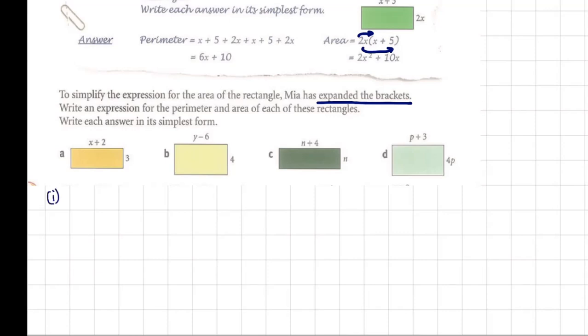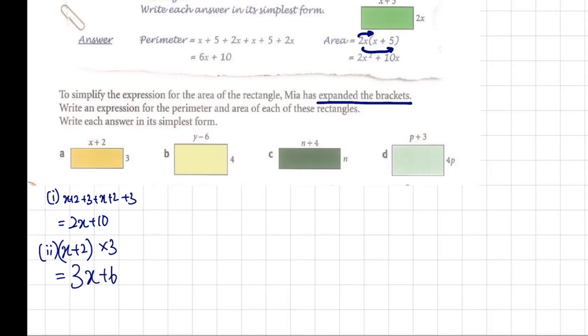Number 1 will be perimeter, x plus 2 plus 3 plus x plus 2 plus 3 is equal to 2x plus 10. This is the perimeter, and let's write the area, x plus 2 times 3. We have to expand the bracket, we're going to get 3x plus 6.